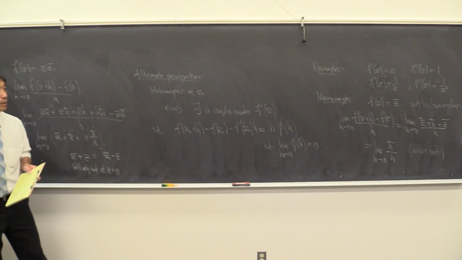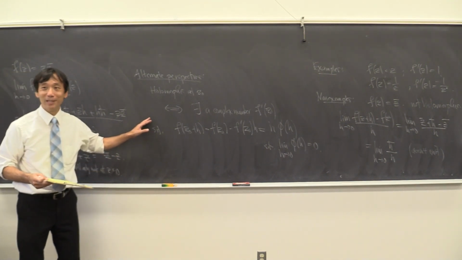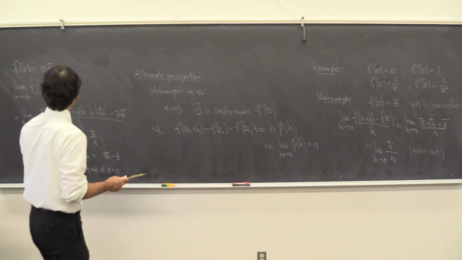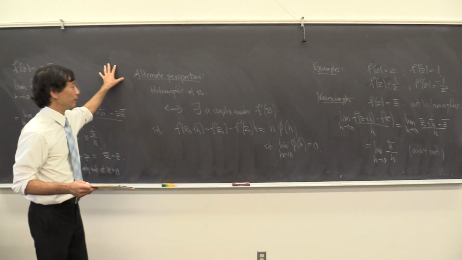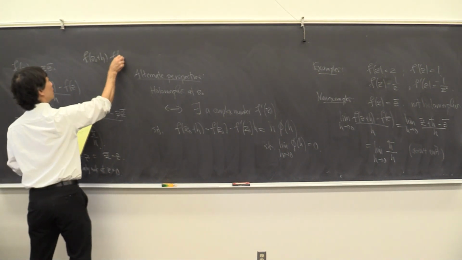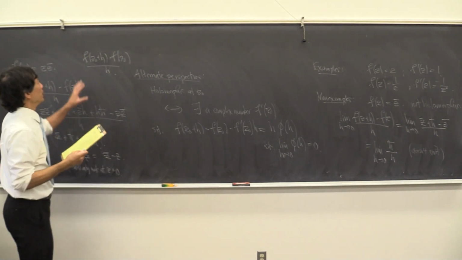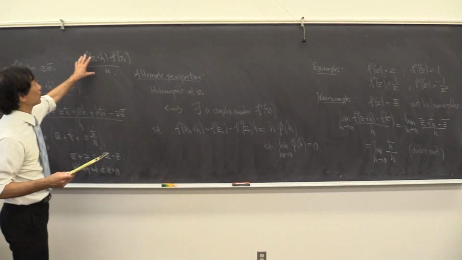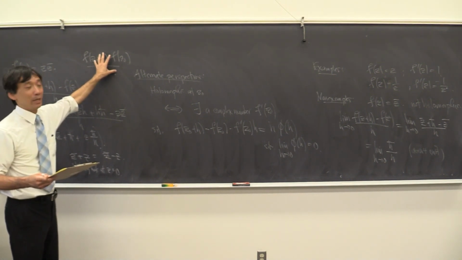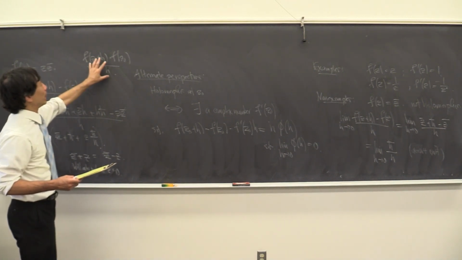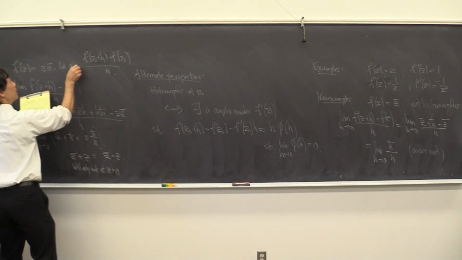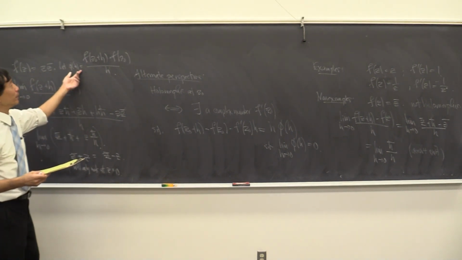So I haven't done anything different at all. This is basically just you take the definition, that the limit is 0, and then just call this thing phi of h.